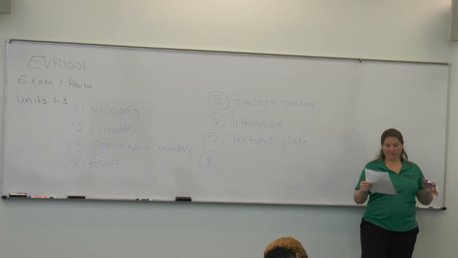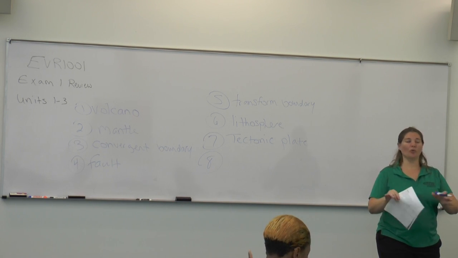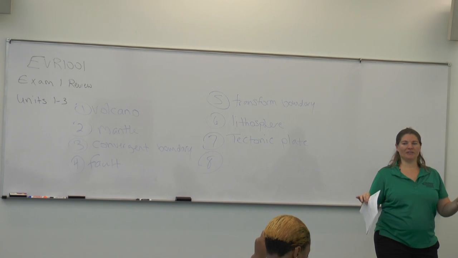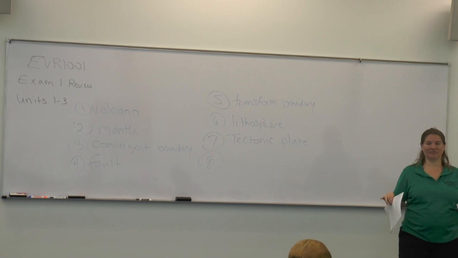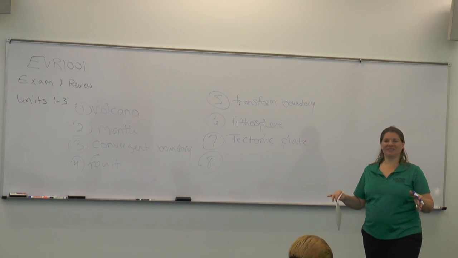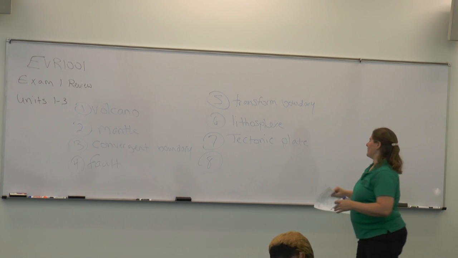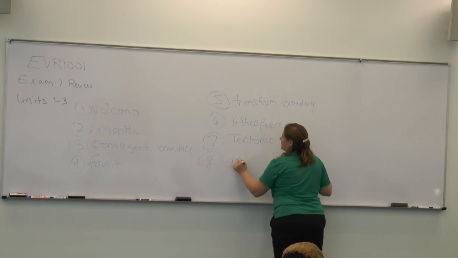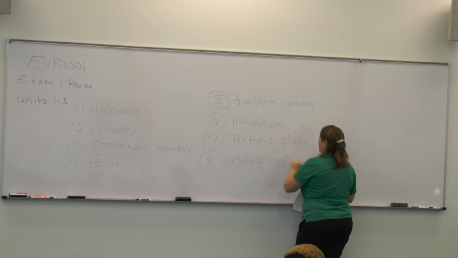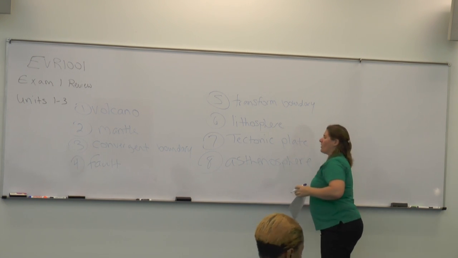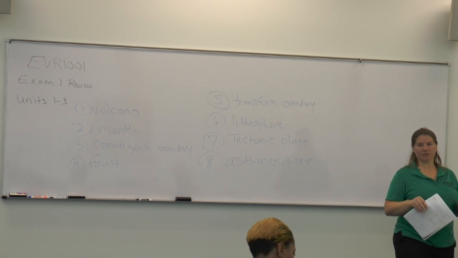Number 8, the soft layer of the mantle on which the tectonic plates move is called the... starts with A. Asthenosphere. Remember, it's the convection that's happening in the asthenosphere that causes those tectonic plates to constantly move around and shift.